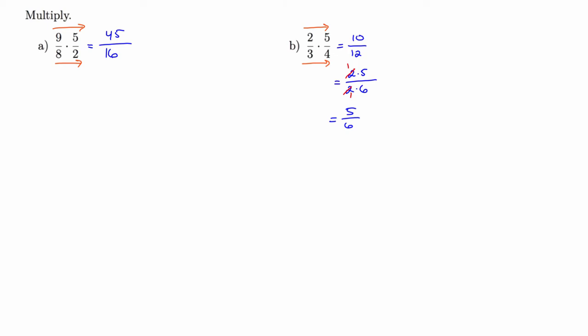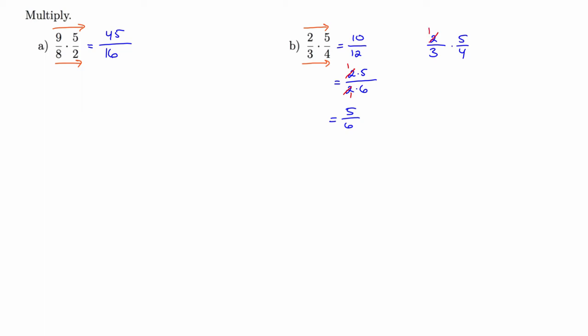Some of you may have learned the process of cross-canceling. So to take a second look at this same example, 2/3 times 5/4, you are able to cross-cancel when it's a multiplication problem and there is a common factor in the numerator and denominator of two of the fractions. In the beginning, I noticed the numerator of 2 and the denominator of 4 both have a common factor of 2.